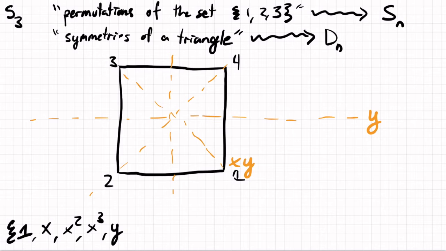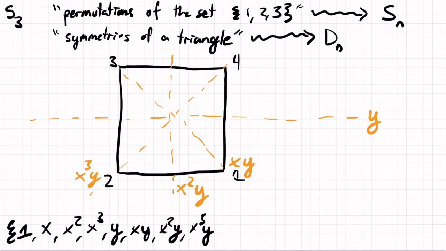And likewise, you can do this for yourself if you want. If we do x squared y, we'll get this. And if we do x cubed y, we will get that. So we'll have xy, x squared y, and x cubed y.